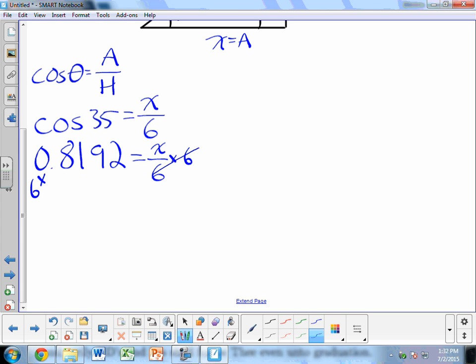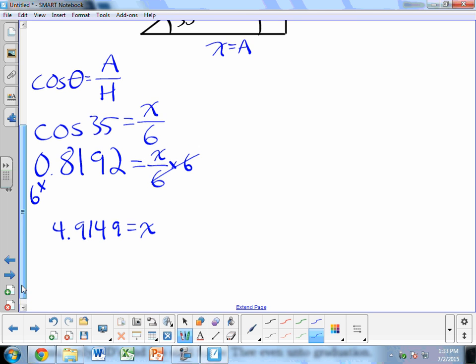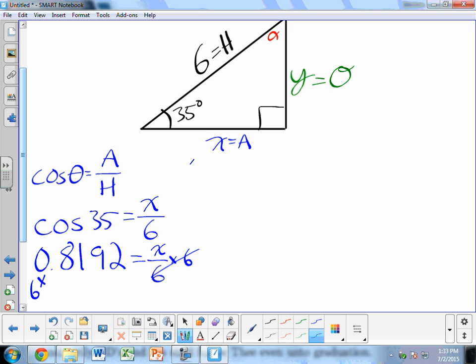In doing so, the 6's cancel out on the right side, and I just take the number that I got for cosine of 35 and multiply it by 6. In this case, it is 4.9149. That is x. So I have one side solved for.